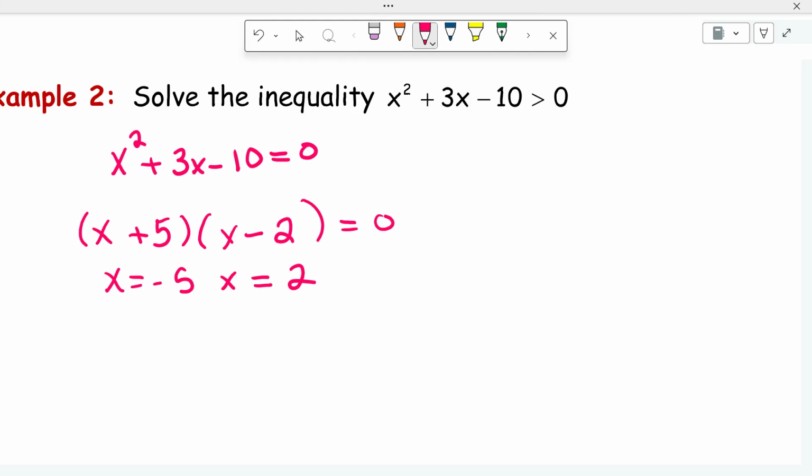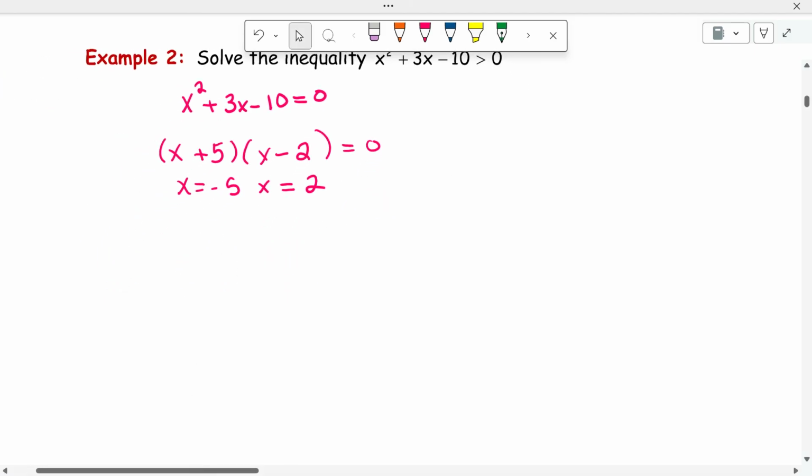Those are the only two numbers in the world that will make this equation equal to 0. So if it's greater than 0, do you guys agree that there could be many possible answers? So your solution with a quadratic inequality will revolve around these values. So you still need to solve it for 0 because those are your key points. In this situation, those are your critical numbers.